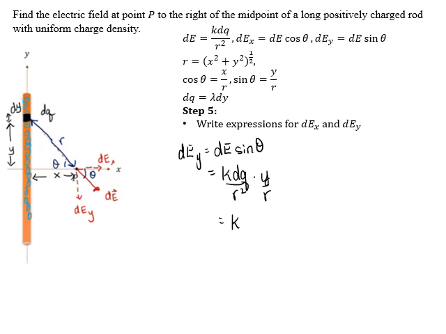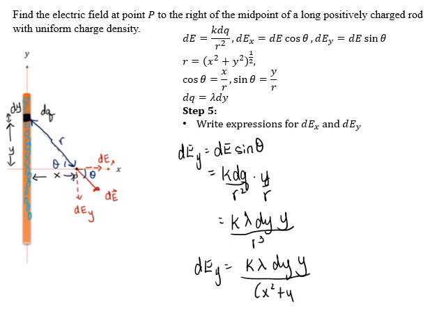So we've got k times dq, that's lambda dy times y. We've got r cubed on the bottom. So dEy is equal to k times lambda times dy times y divided by x squared plus y squared to the 1/2, which is all cubed, to give us x squared plus y squared to the 3 over 2.